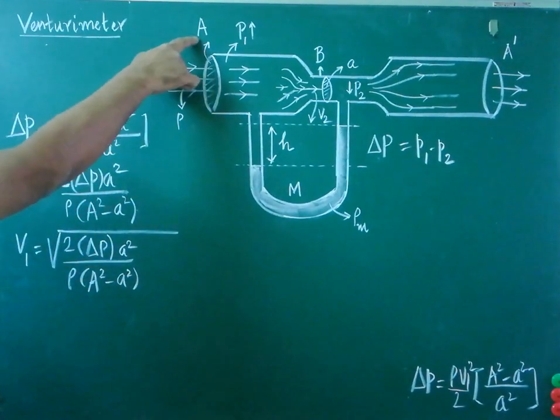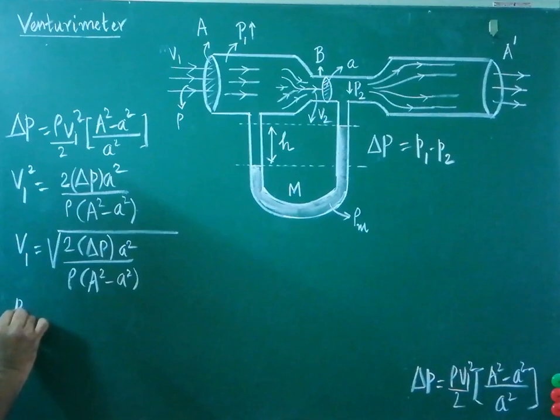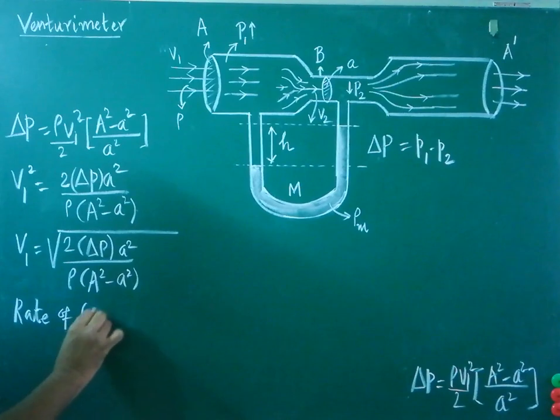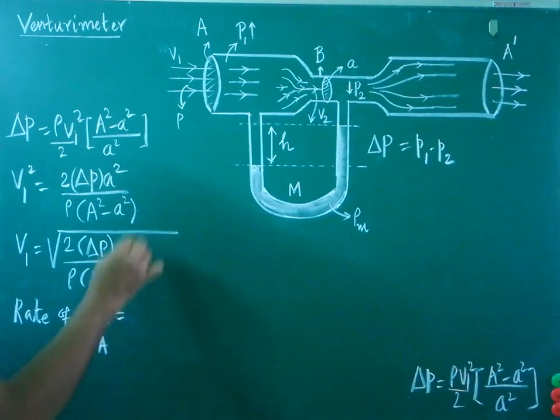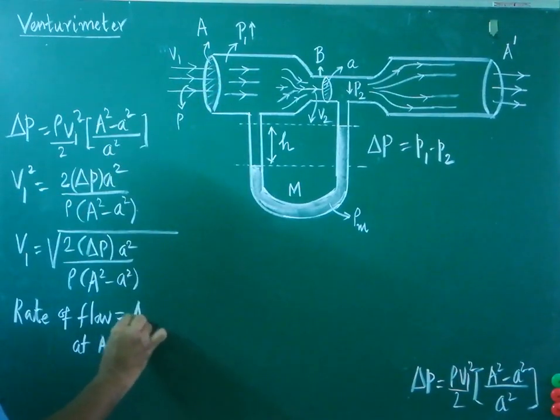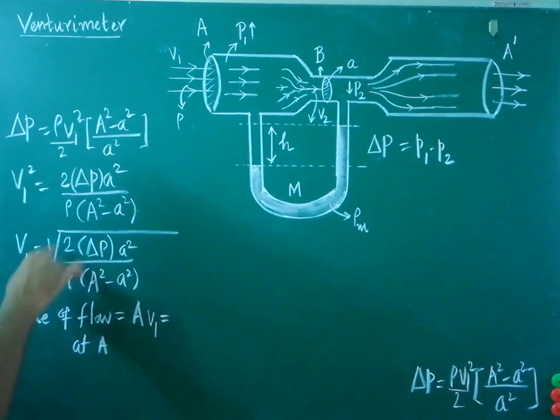Here what is the cross section? A. The rate of flow. What is this? Rate of flow or volume of liquid flowing per second, both are similar. Rate of flow. For that the formula, rate of flow at which end? At the end A to be calculated. The formula is area of cross section that is to be multiplied with the velocity V1. Already V1 is there.